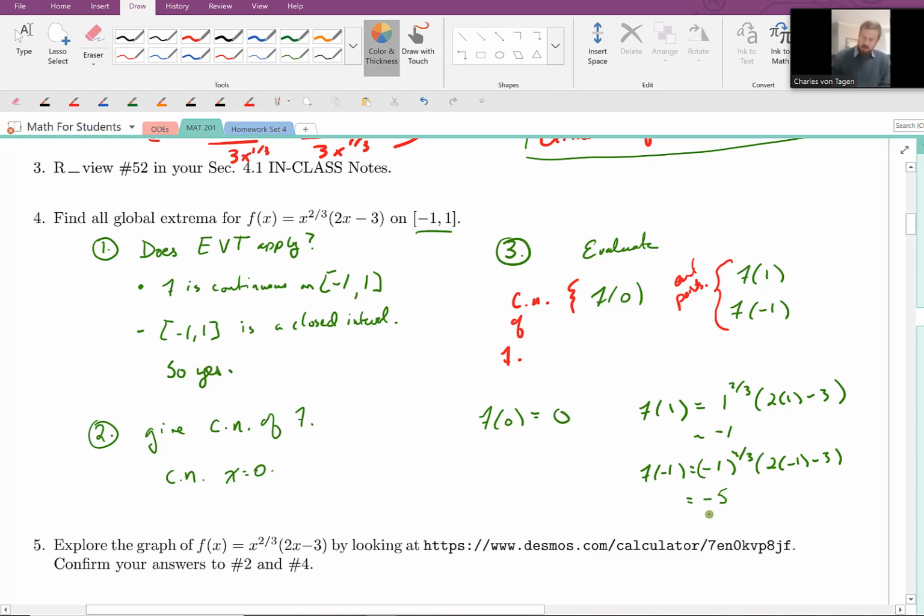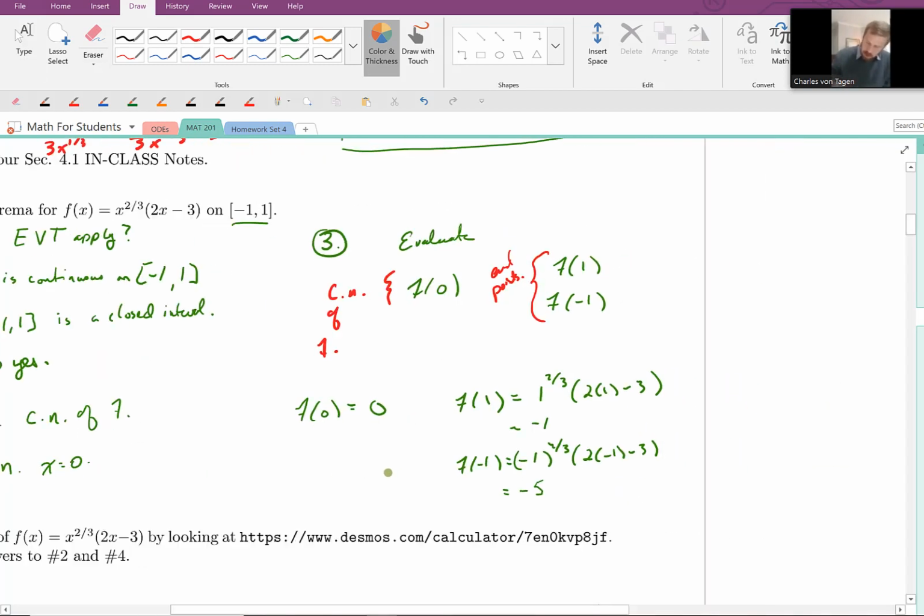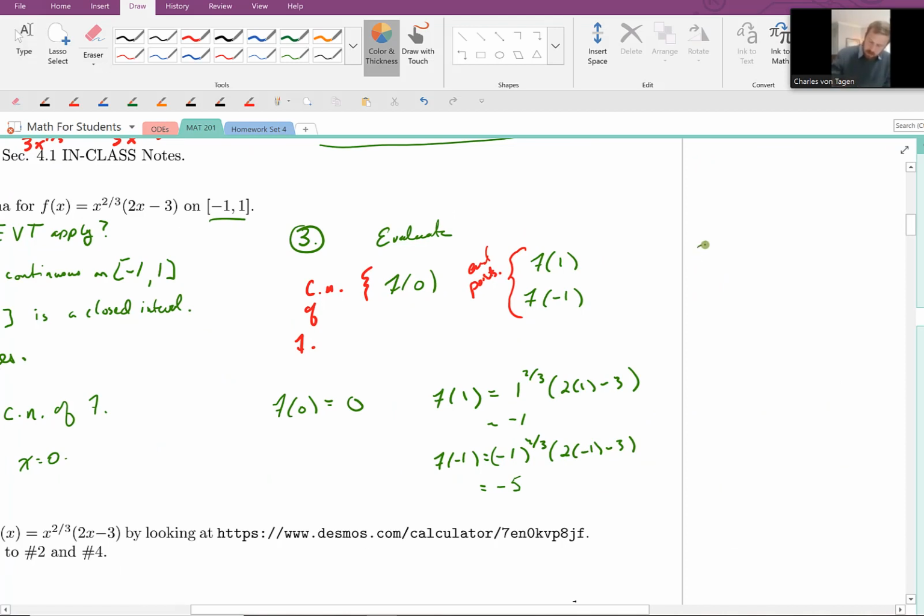Okay. So what are our global extrema? We've just shown that x equals 0 is a global max of f on the interval from -1 to 1. That is, if I plug 0 into this function, I'm going to get out a y value, in this case of 0, but that is the largest y value I will get out.